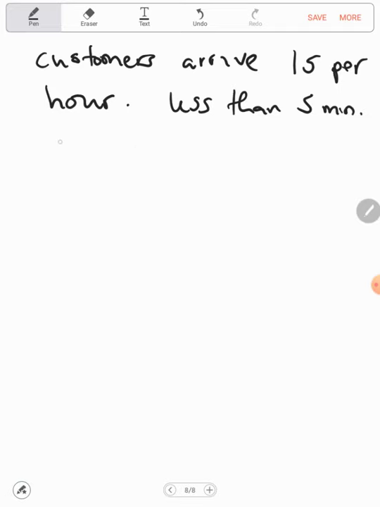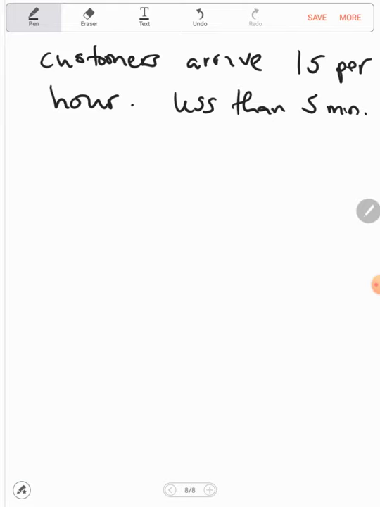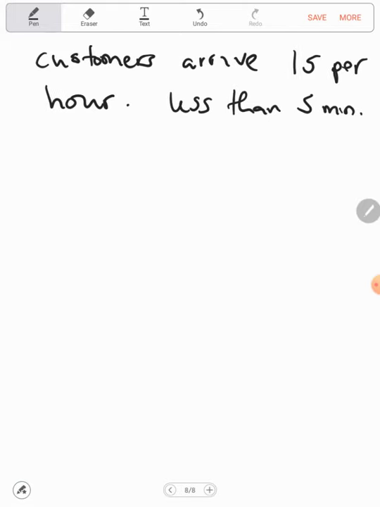So here you're told that you have 15 customers per hour. Now you want to know lambda in terms of minutes. You are told how many customers will arrive in less than 5 minutes. Therefore, we need to find lambda in terms of minutes.